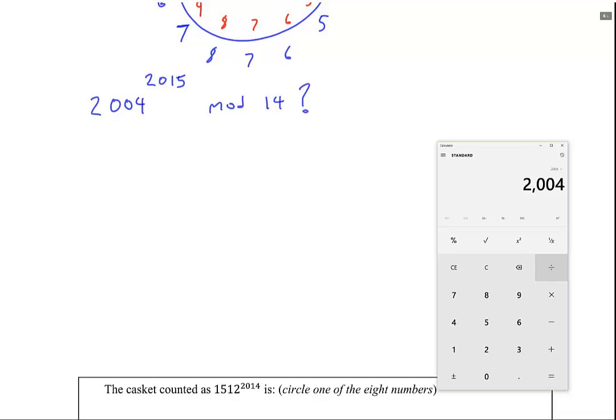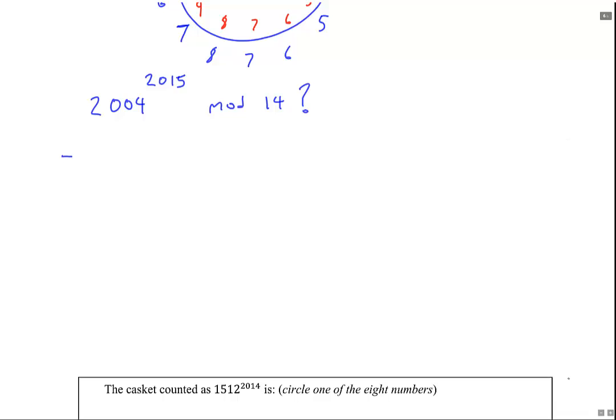2004 divided by 14, what's this? Okay, minus 143 times 14. What's our remainder? Our remainder is 2. So we want to search for a nice pattern with powers of 2 in mod 14.